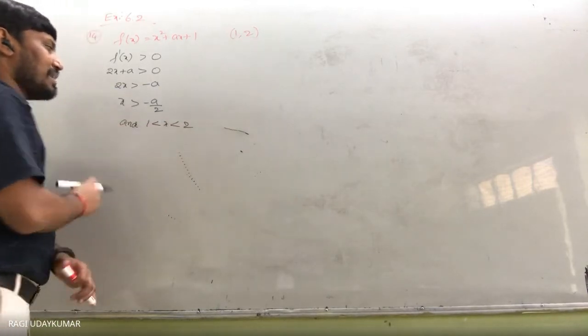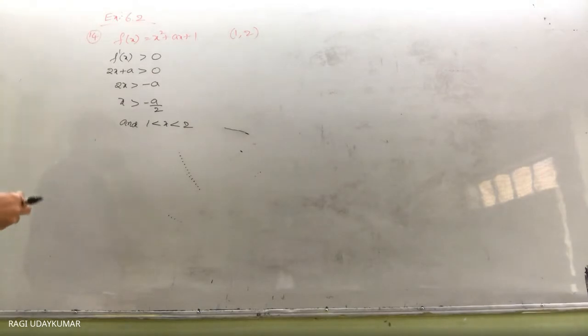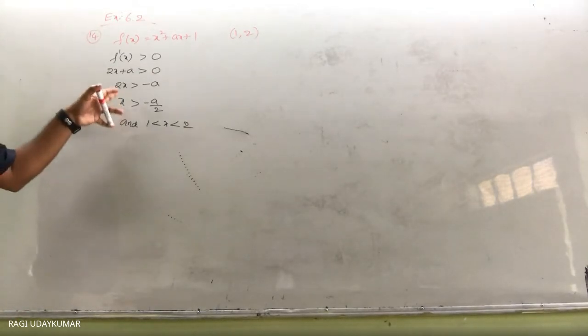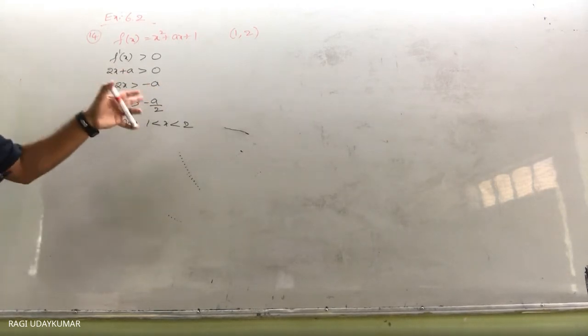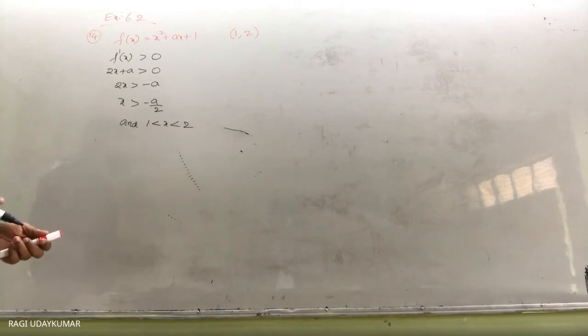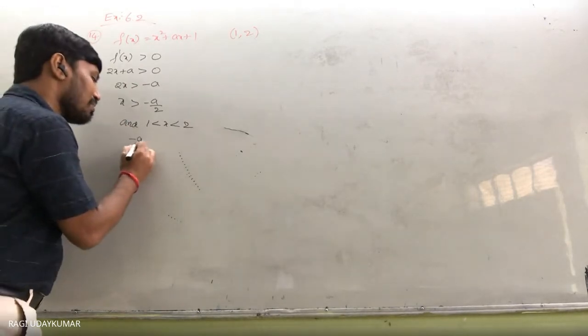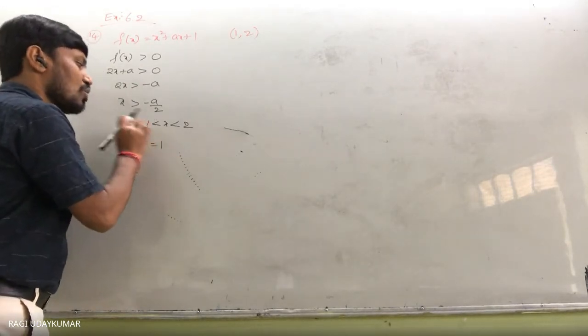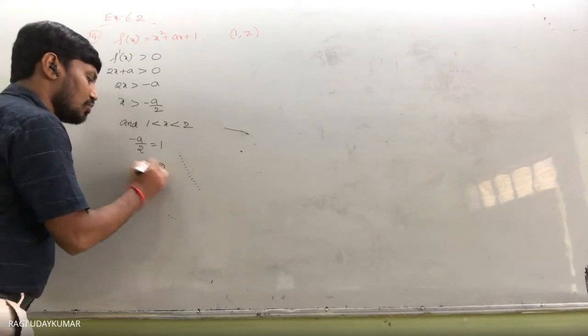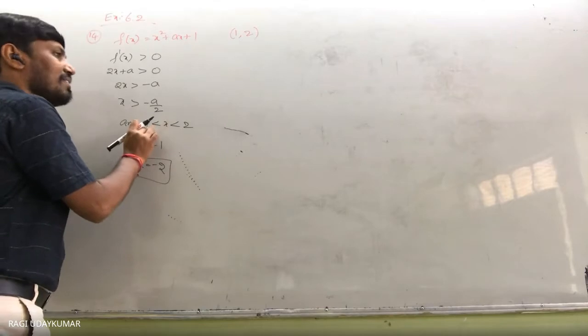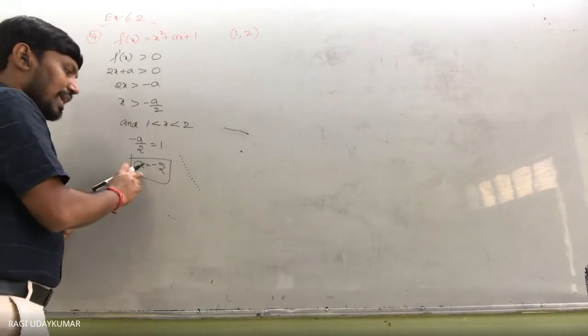X value compulsorily should be greater than 1, and less than 2. So what is the least value you can take? Minus a by 2 is equal to 1 if you are taking, then a is equal to minus 2, because of the least value of x, whatever it is. So a equal to minus 2.